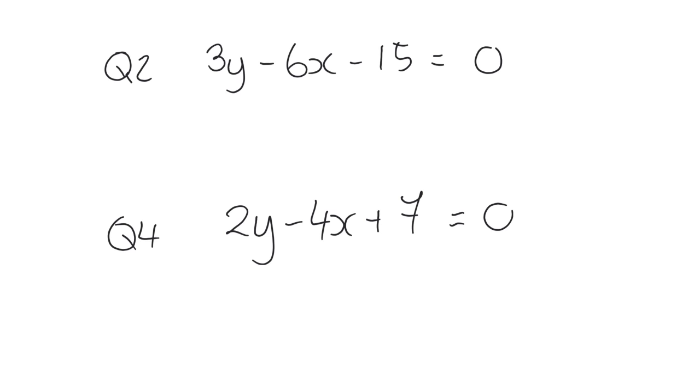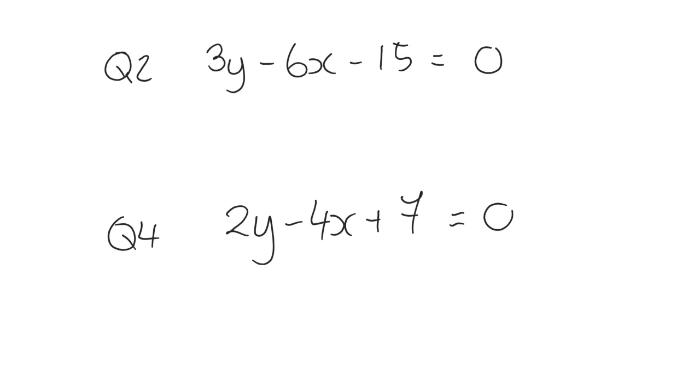But you're not going to be able to look straight away at this -6x and this -4x and realize that at some stage they're going to eventually end up as a 2x. Looking at it without the rearrangement, it's really tricky and nigh on impossible. So that's why we need to rearrange into the standard form.